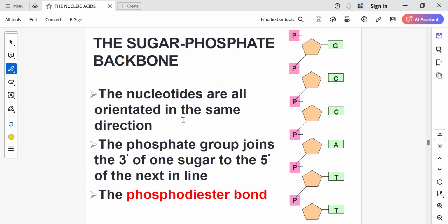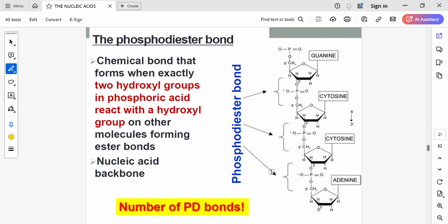The phosphate groups join the 3' of one sugar to the 5' of the next sugar, and this is done through a phosphodiester bond. So the synthesis of the polynucleotide is usually in the 5' to 3' direction. This is how the phosphate bonds are formed.